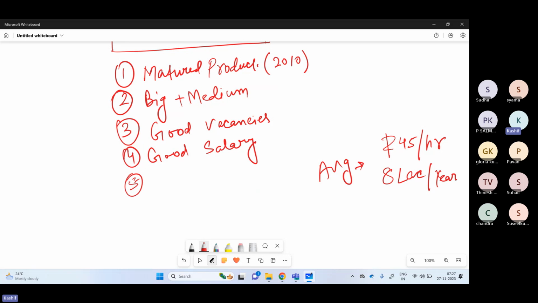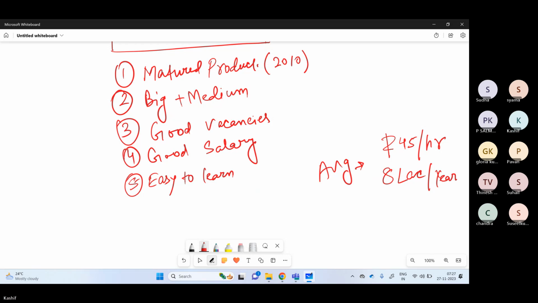Point number 5, easy to learn. If you compare with SCCM, SCCM is a little tougher than Intune.